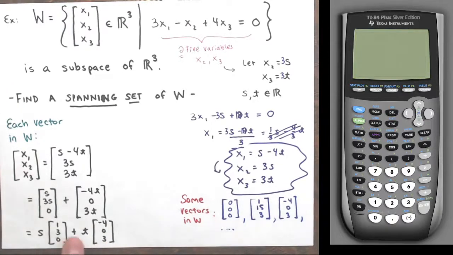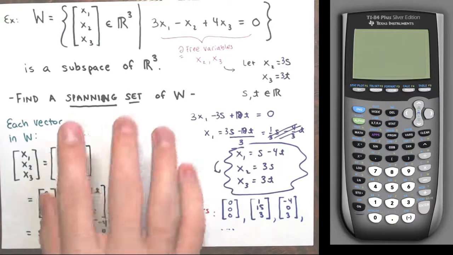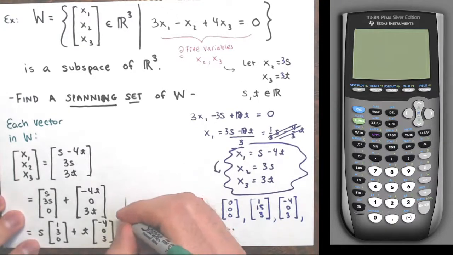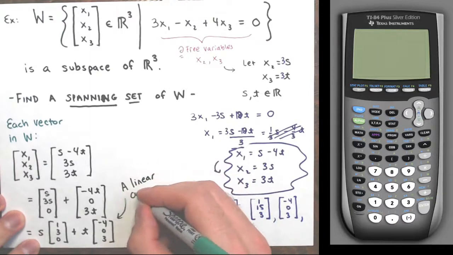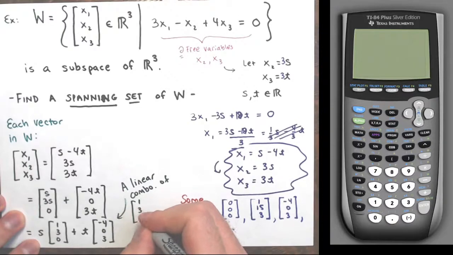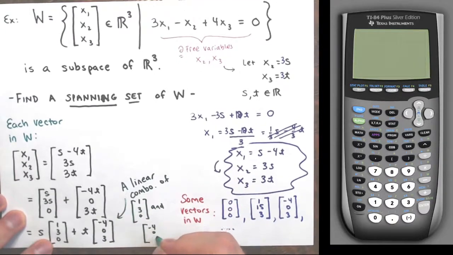There's a linear combination of a couple vectors. So what we're seeing in this little line of reasoning here is that every single vector of W, every vector in this set, is a linear combination of the vectors 1, 3, 0 and negative 4, 0, 3. So a linear combo of 1, 3, 0 and negative 4, 0, 3.